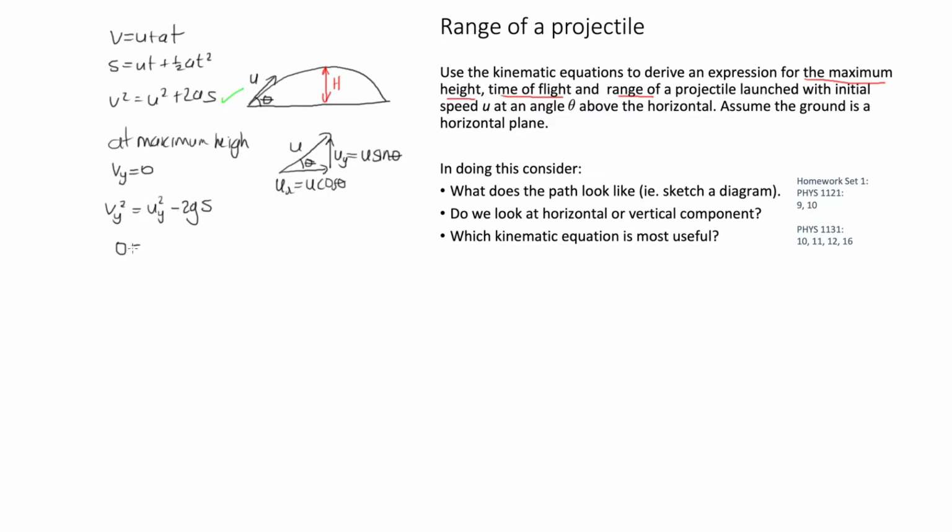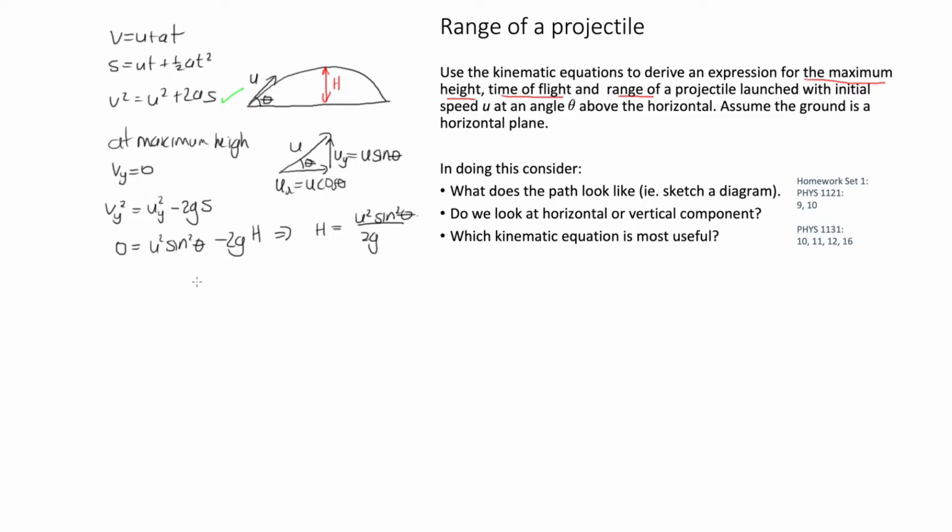So we've got 0 is equal to u_y, which is u squared sine squared theta, minus 2g, and this s, that's the displacement at maximum height. So that's the maximum height here. So we can rearrange this and write, well, the maximum height is equal to u squared sine squared theta divided by 2g. So we've derived a nice expression now for that maximum height.